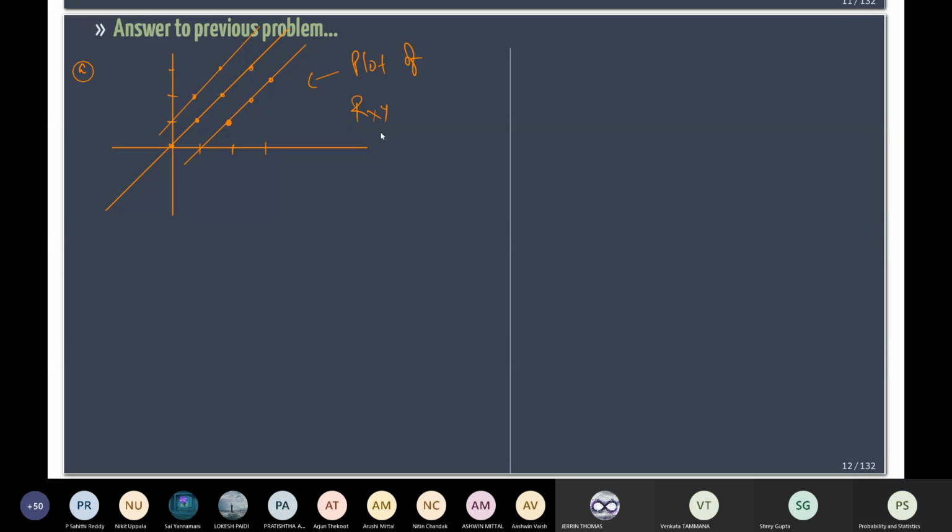So marginal PMF means we have to sum over these values. Pictorially, what is the sum over? It's already in matrix form, right? If you sum over the x values, you get the y marginal.